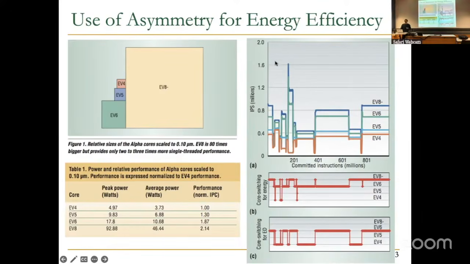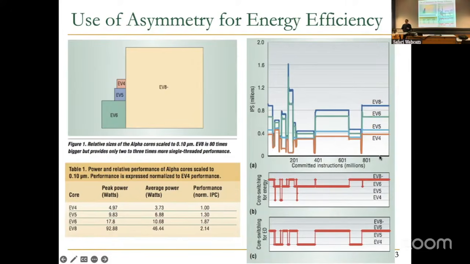Now, one way of utilizing these cores, assuming you've implemented all of them on your chip, since you already designed them in the past, why not put all of them in your chip, right? That's one way of easing the design of heterogeneous cores. Now, what you can do is you can monitor what kind of performance you get on different cores for different phases of an application. And this is one application, I don't remember which one, but you can read the paper.